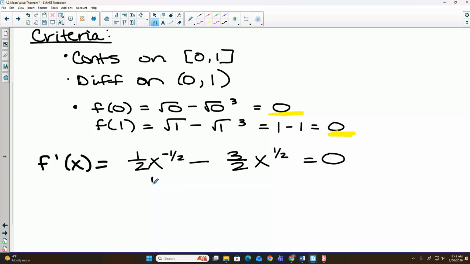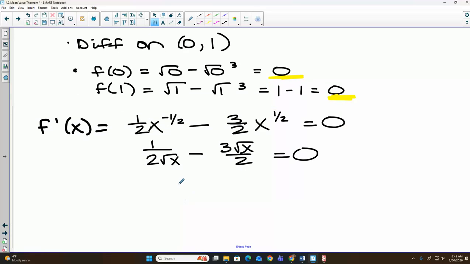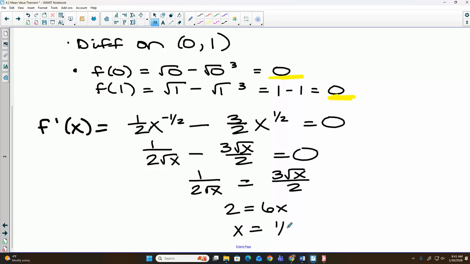If we think about what that means, that's 1/2 square root of x minus 3 radical x over 2 equals 0. So we can add that term over, cross multiply, divide by 6, so x is 1/3.